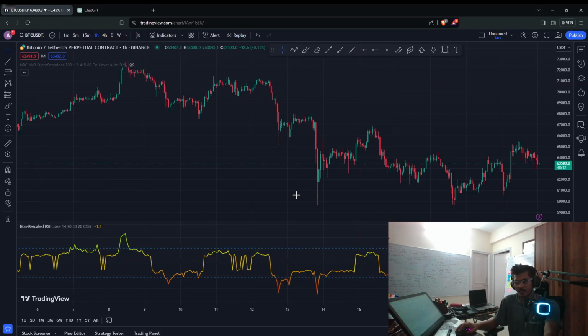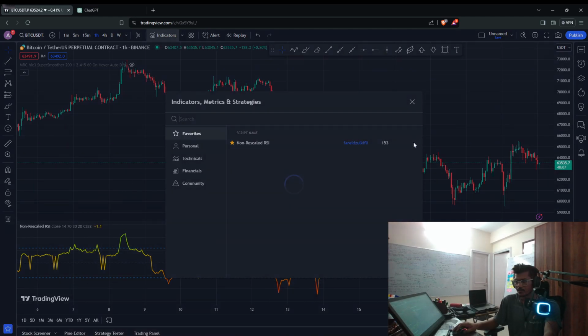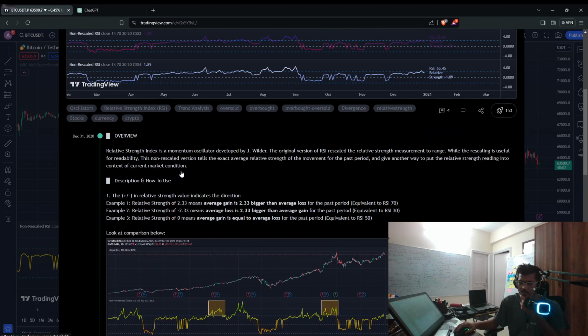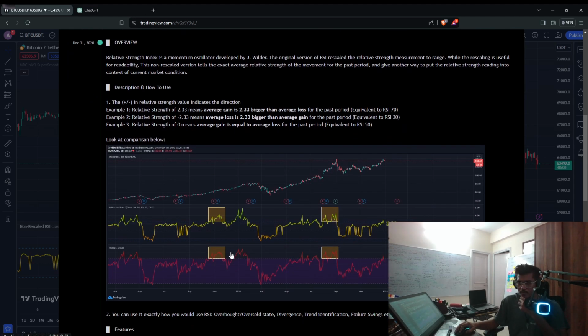You can see this here, as well as study it, what that indicator does and what the uses are, like overbought and oversold conditions. So a relative strength of 2.33 means the average gain is 2.33, which is bigger than the average loss.